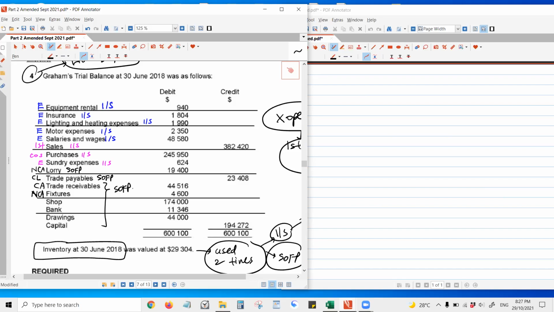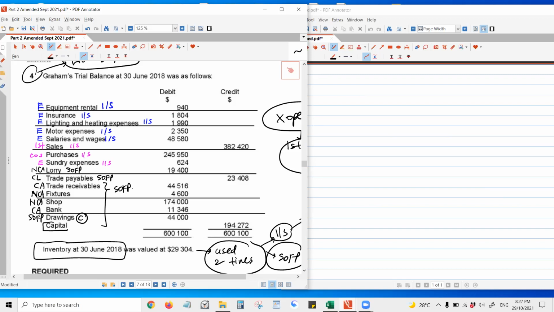But unless you couldn't see that quickly, then it's okay to identify one by one. It's okay because you are just a beginner here, unless you have done income statements many times. Shop is NCA, bank means money in the bank. Drawings appears in the SOFP capital section.